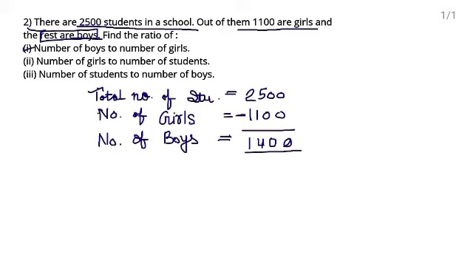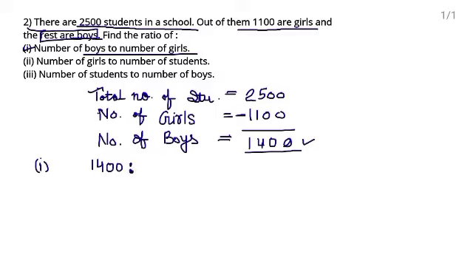Now the first part is to find the ratio of the number of boys to the number of girls. So first they said the number of boys, right? So in the first part we are finding the ratio of the number of boys, which is 1400, to the number of girls.